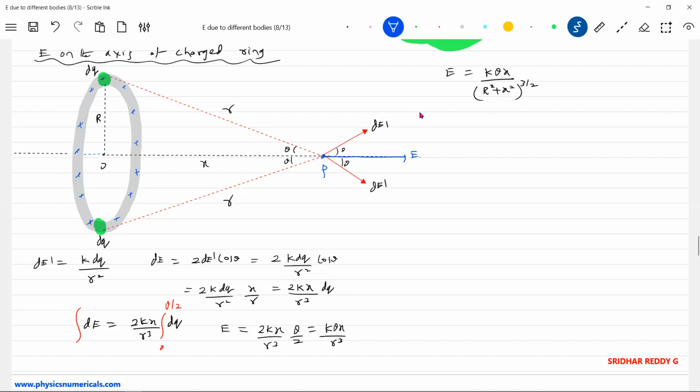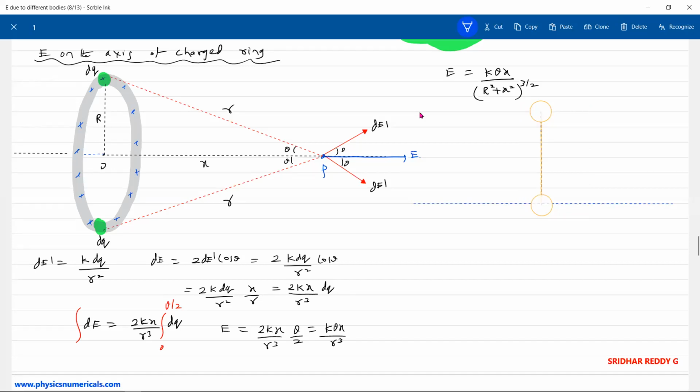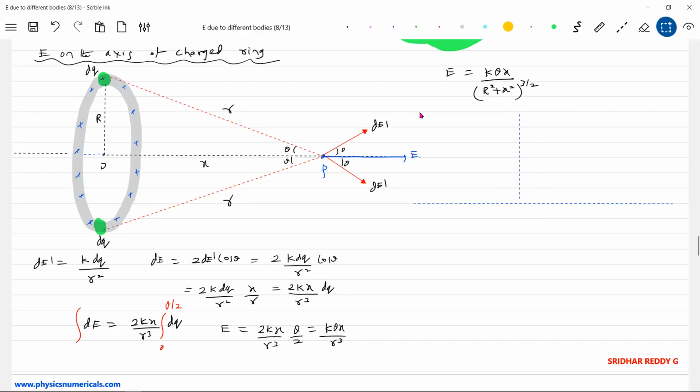Then let's get into some mathematics. I wanted to know how actually that variation is. So when I plot the graph, the variation will be, somewhere at a point, the maxima will occur.